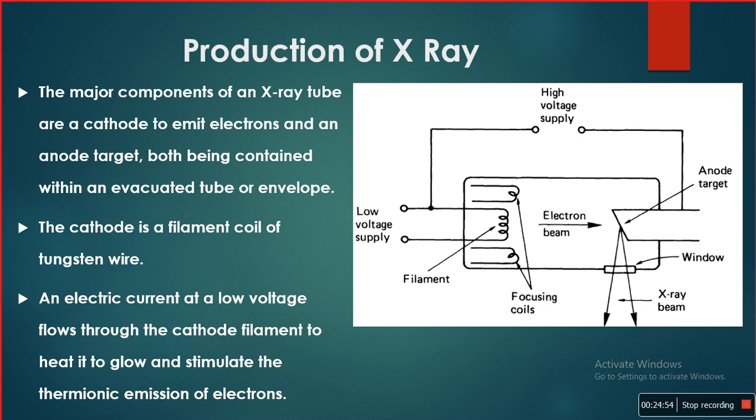When an electric current passes through this coil at a low voltage, the filament heats up and glows, and it emits electrons, and those electrons are targeted towards the metal part, that is the anode. When the electron beam bombards the metal target, X-rays are generated, and those X-rays pass through the window of the evacuated tube.